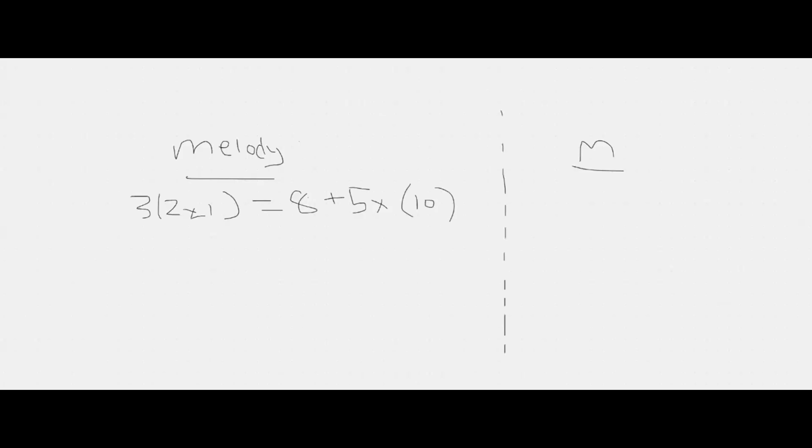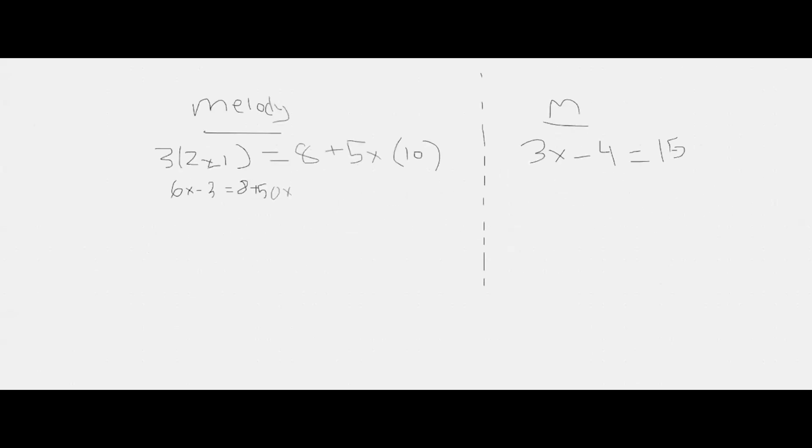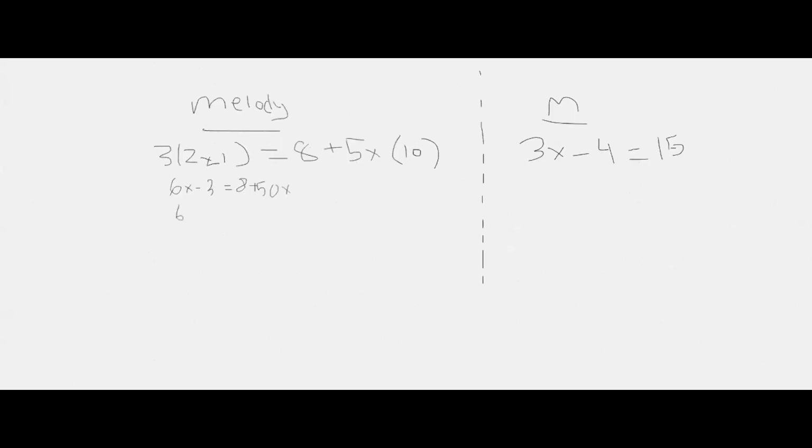And then let's go 3x minus 4 is equal to 15. You can do it on this side, and Melody, you can do it on this side.